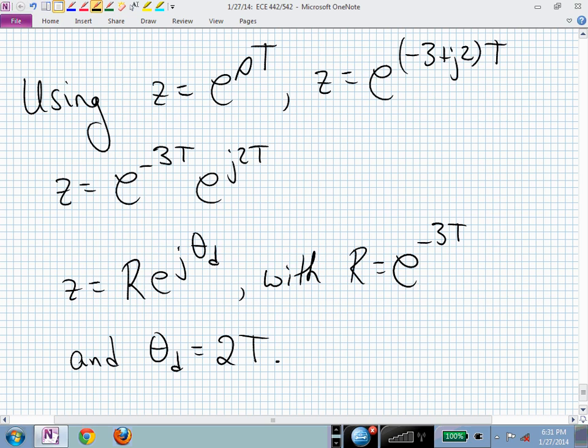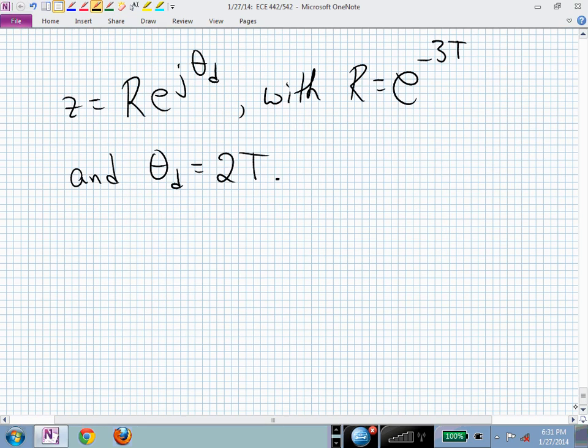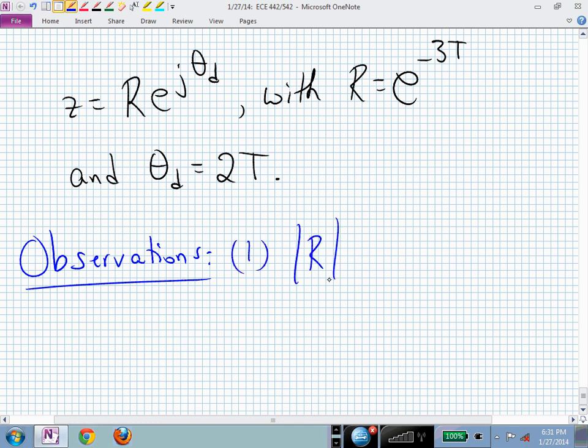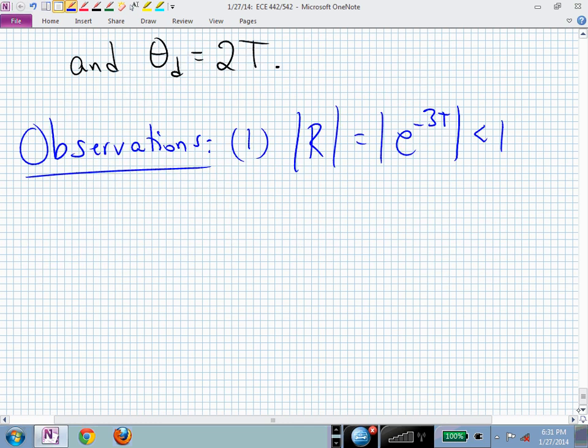Let's make some observations about what we have. First, if I looked at the magnitude of r, that's the magnitude of e to the minus 3t. Do you believe me that that's always less than 1, no matter what t is?